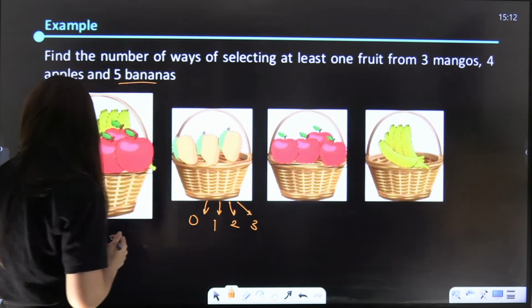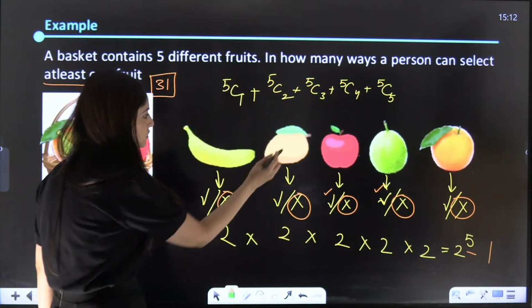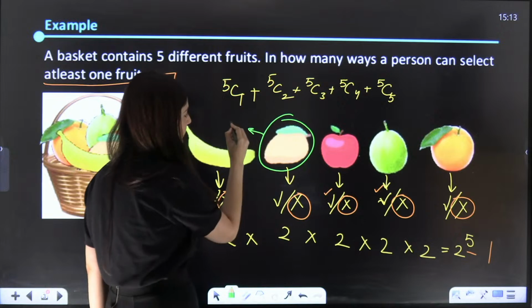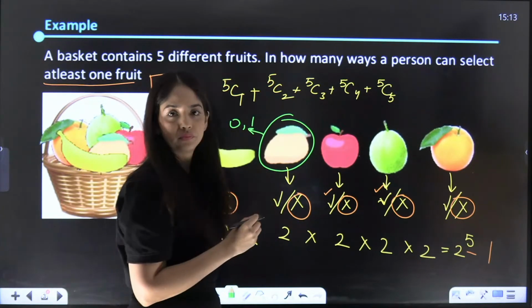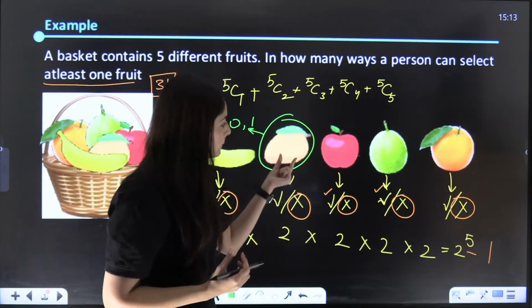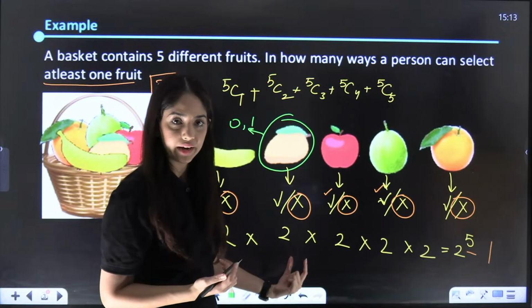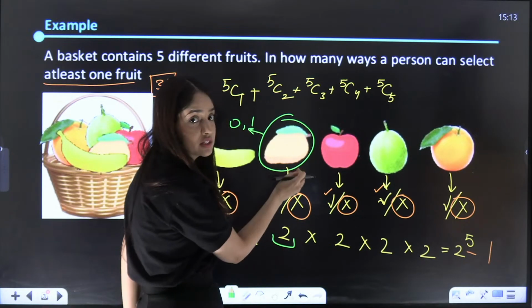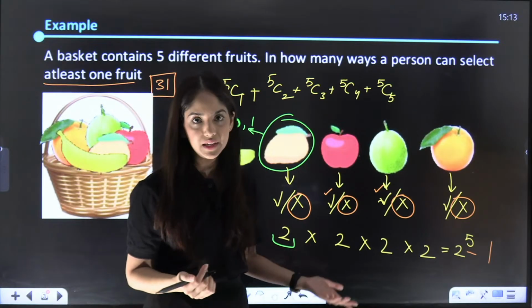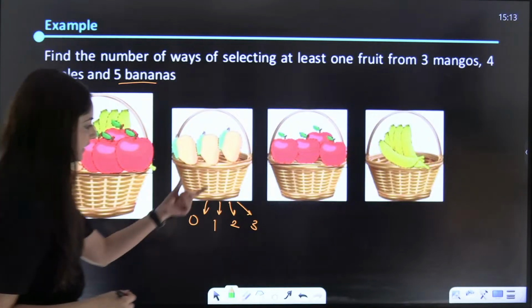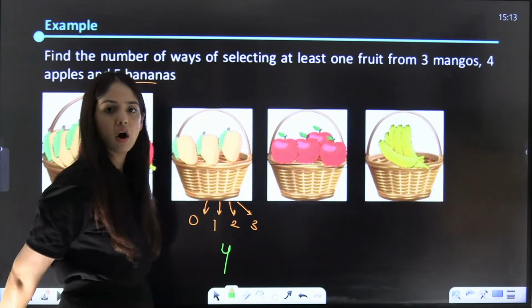Earlier, for each mango, we either took 0 mango or 1 mango, and that's it. So the number of mangoes available plus 1, that was the number of cases we could make, right? Number of mangoes plus 1 for the case when we are not taking any mango. So just like this, 3 plus 1, we have 4 options.